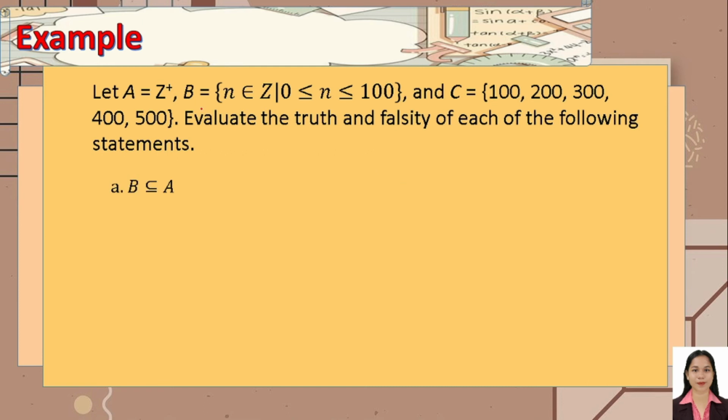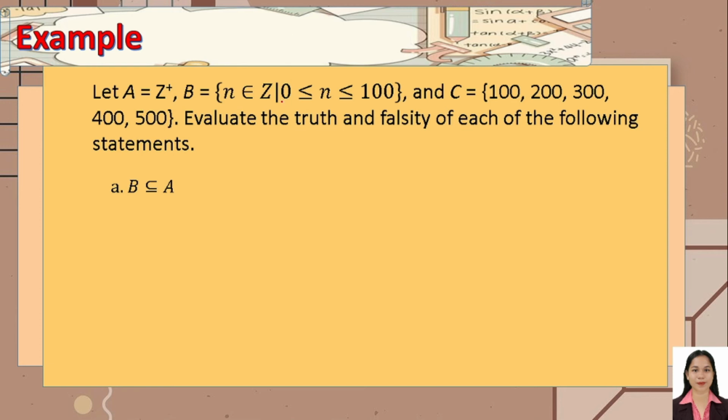Letter A. B is a proper subset of A. So let's see. As you can see, there is an element in B that is not in A. Because in A, all are positive integers. What element does B have that A does not? None other than 0.